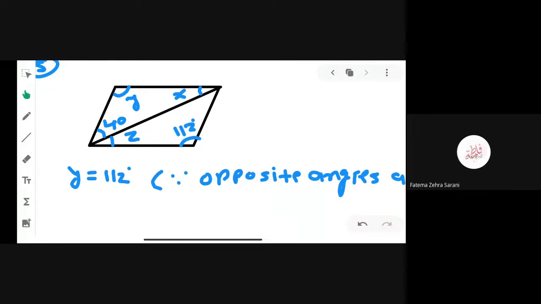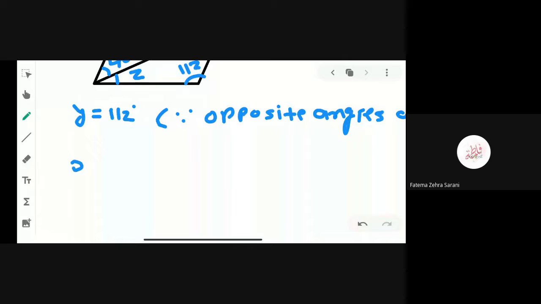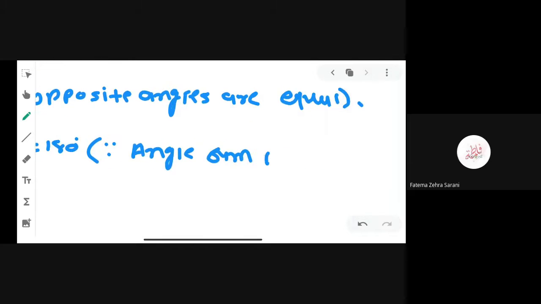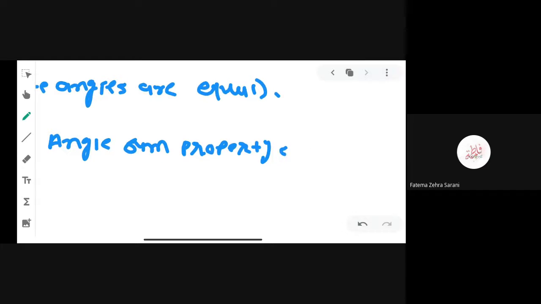So x plus y plus 40 degrees is equal to 180 degrees because these three angles are making a triangle. So I am writing here angle sum property of triangle. Clear all of you? Yes, sir.